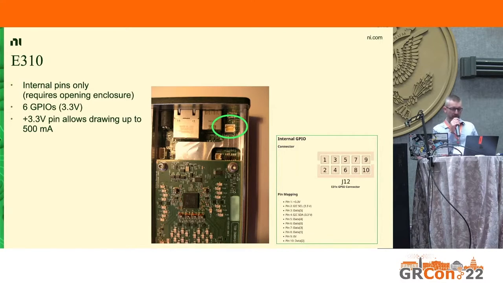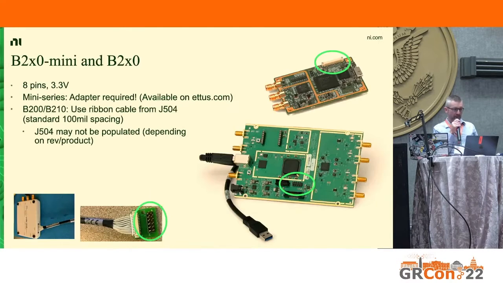I don't know what the name of the connector is, but there are some nice features there. So for example, we exposed the regular 3.3 power rail through that, which means you can actually draw power from there. But be careful, this is not dedicated to the GPIO, so you can actually brown out your device if you draw too much. And you have 8 pins available to do the usual stuff.